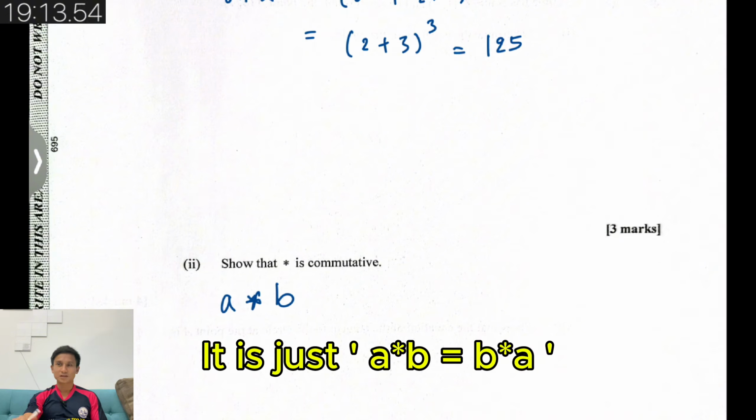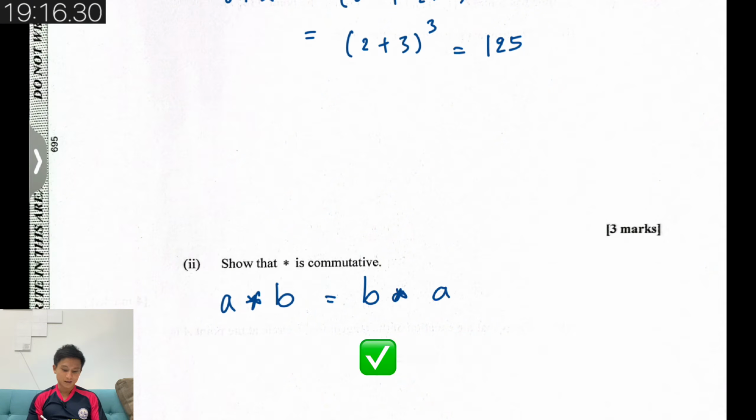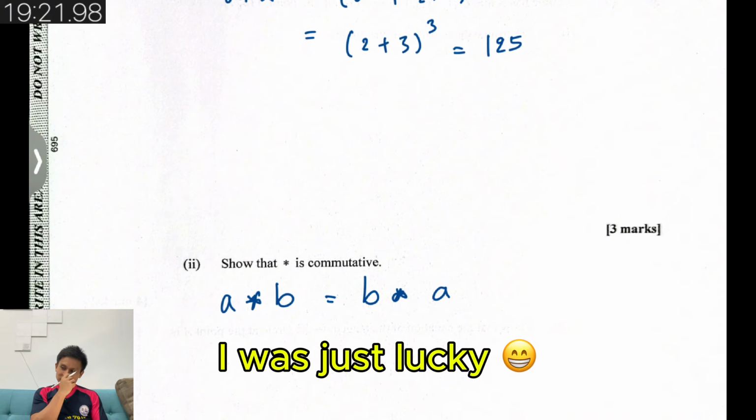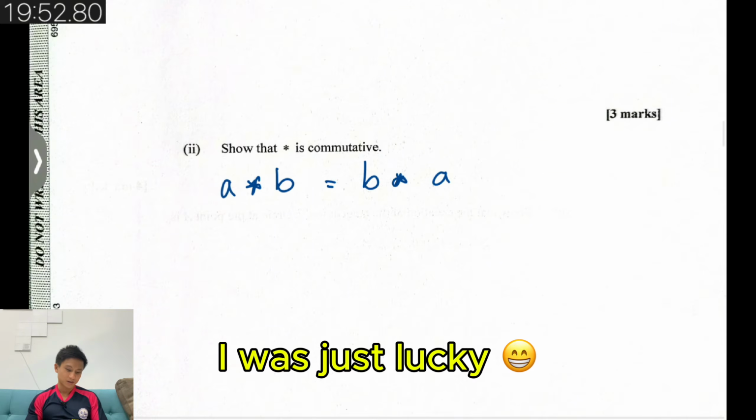Commutative is A asterisk B equals B asterisk A. Is it? I could be wrong, guys. You can Google, but I'm not sure here because I don't normally use this. Commutative, commute. It has to go from one to the other, right? I have some choices in my mind here. I'm going to go with this.